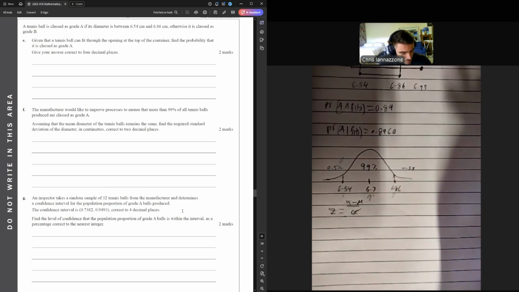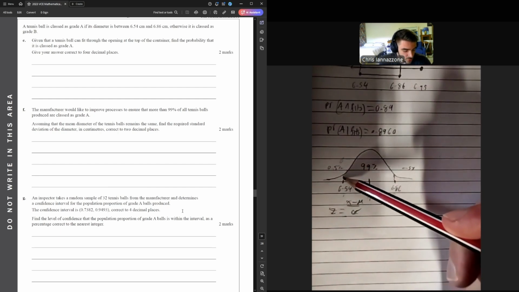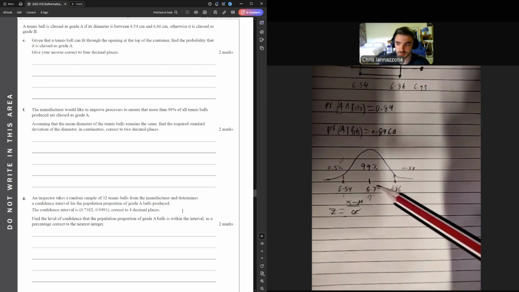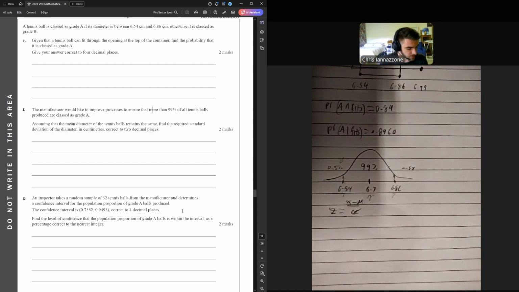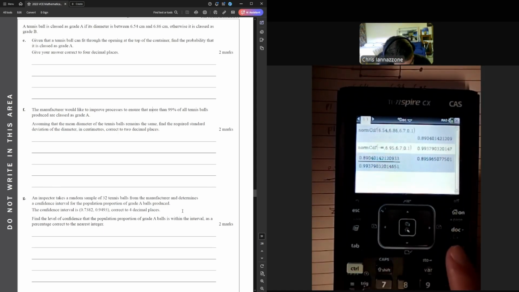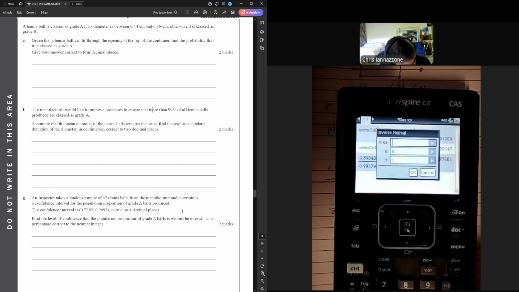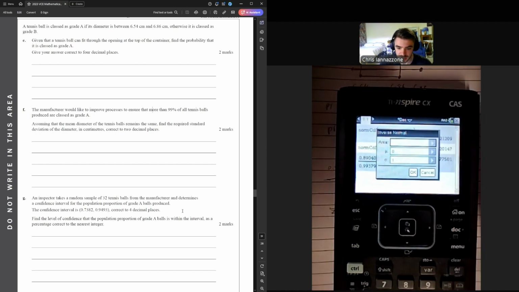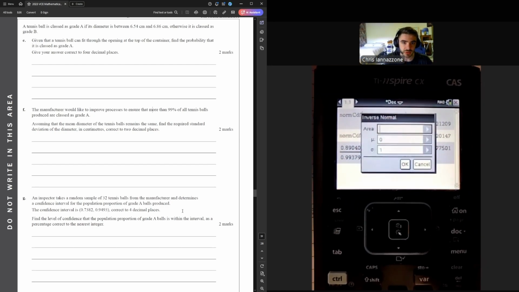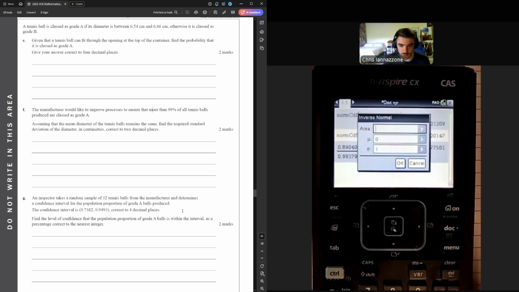We're simply looking for what z value would cause everything to the left of this point to be equal to 0.5%. So how are we doing that? Well, we have the inverse normal. We just need to know what's the area, what's the mean, and what's the standard deviation for that. Now you might think, oh, we don't know the standard deviation. When it's z, we do, right?